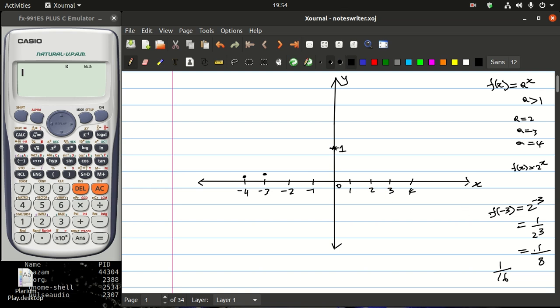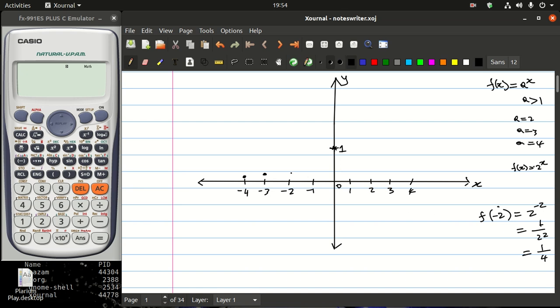And now again, we pick a different point here. Our point now is going to be f of -2, which is going to be 2 to the power -2, which is the same as 1 over 2 squared. 2 times 2 is 4, so it's 1 over 4.